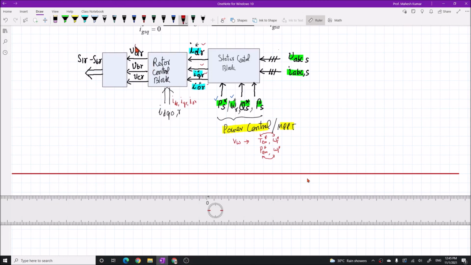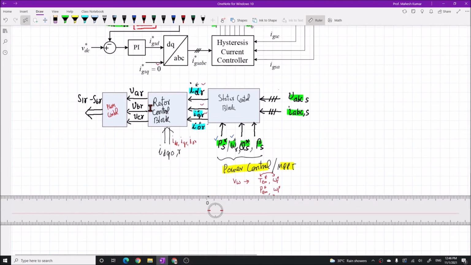And these templates are being compared with the actual value, and based on that error we use some control scheme, let's say PWM scheme, which generates the switching commands for the rotor side converter. So this is actually the PWM block. This PWM block gives the switching signals S1 to S6 for the rotor side converter.